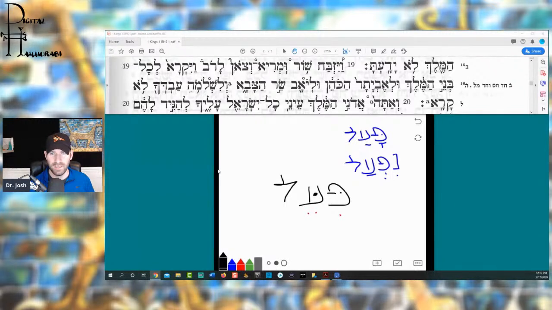It doubles the middle radical of the root, the middle letter of the root. But because ayin won't take a dagesh, as we've seen time and again, it rejects it. You don't get to see it, which is kind of frustrating. So let's use a different root to give the example. Sort of the standard one that you're going to see over and over again is this one.